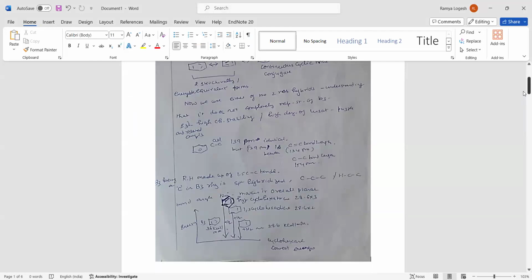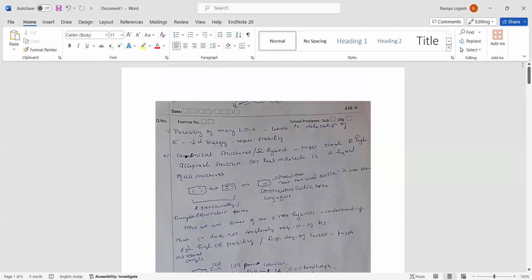When I say resonance, as I told you, resonance is nothing but mesomeric, which means one shift is enough to understand the structure or the way the shift can go on. But ma'am, one Lewis dot structure is not enough. There are so many structures which put together resemble this one single structure. Then that kind of thing is called resonance.